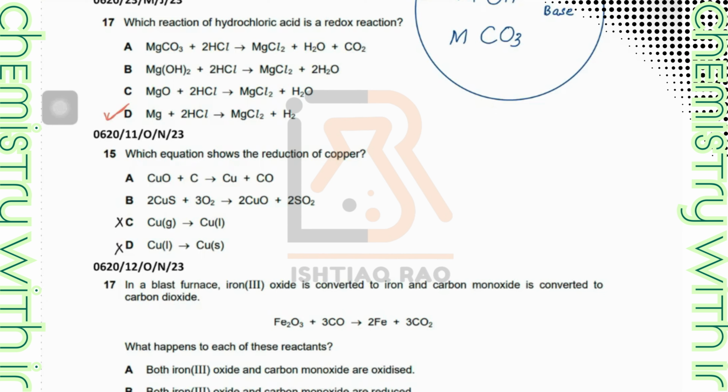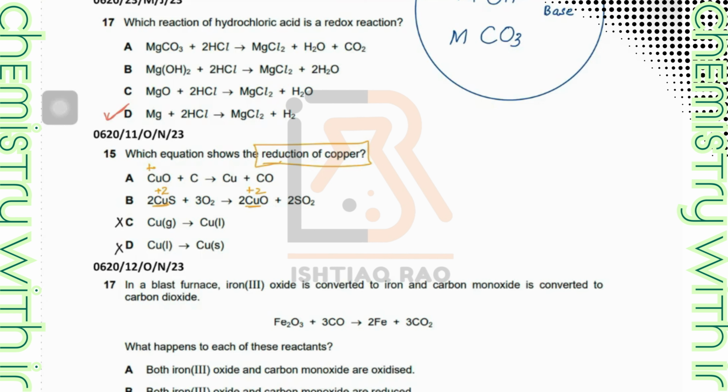B means that copper is plus 2. The oxidation number of copper is not changing. How can I say this is a reduction of copper? For reduction, there should be a decrease in charge.